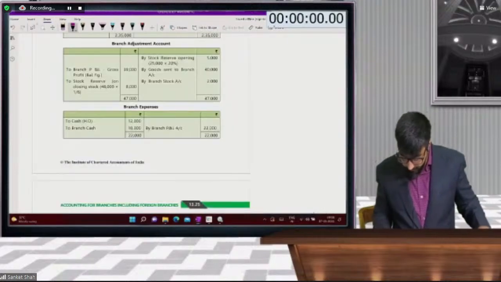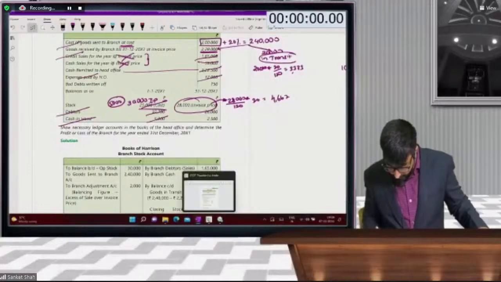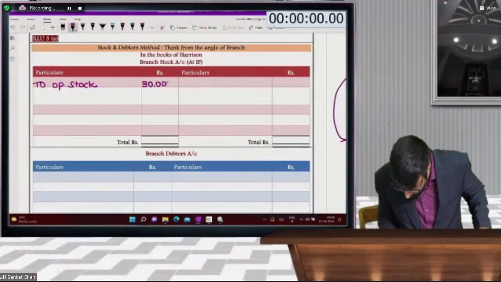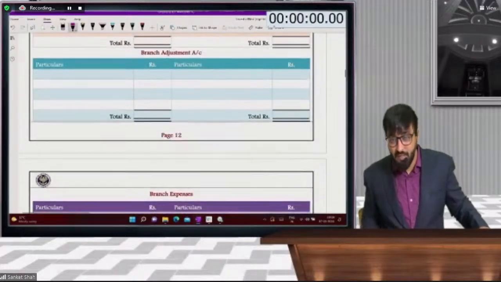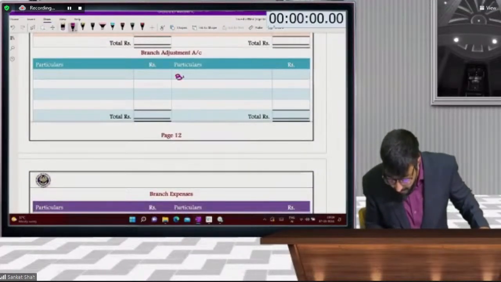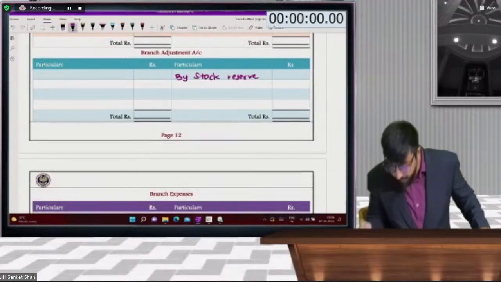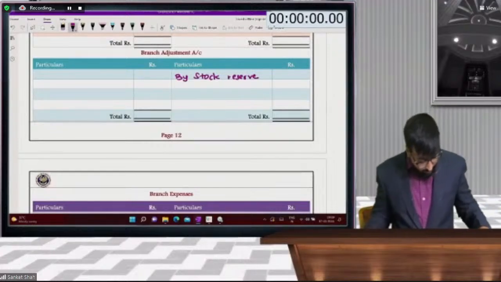Line by line we have to go. Opening stock 30,000. Immediately you cancel loading on the opposite side, but in which account? Branch adjustment account. Sir, similar to departmental account. By stock reserve. By stock reserve. Okay.